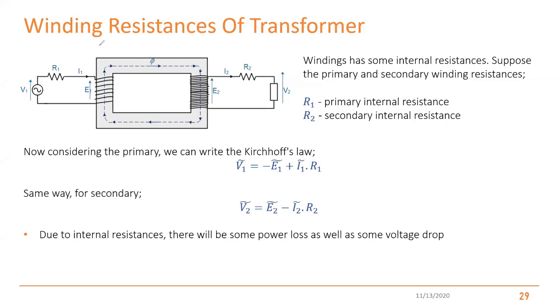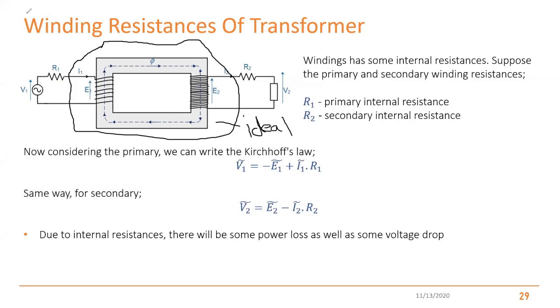Therefore, I can keep my transformer as an ideal transformer. But the internal resistance of the windings can be considered as external to it. The only effect of the resistor is the voltage drop and the I squared R power loss, so that can again be modeled by the external resistor as well.